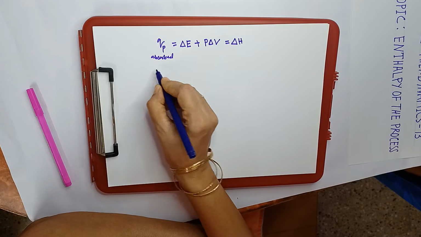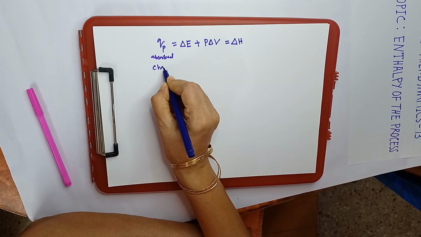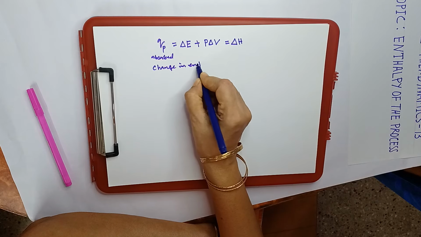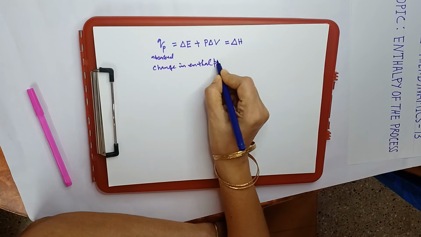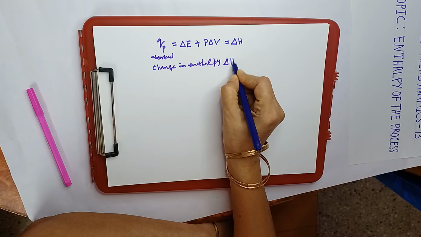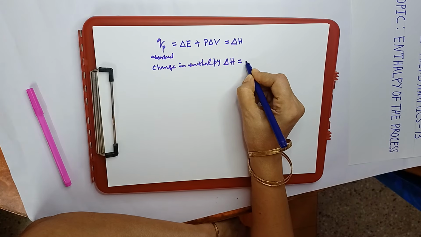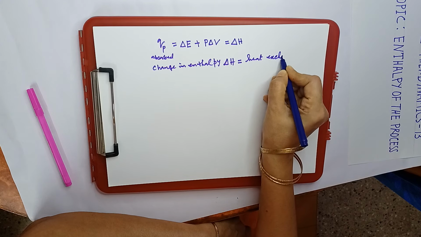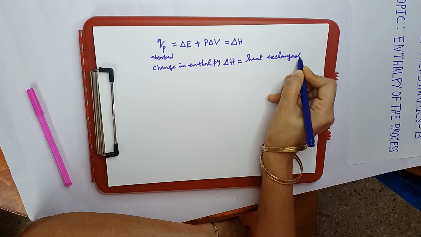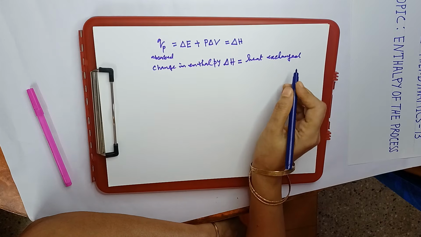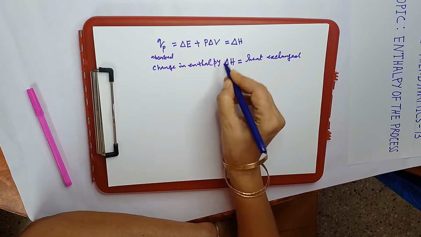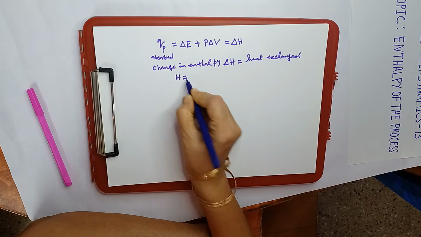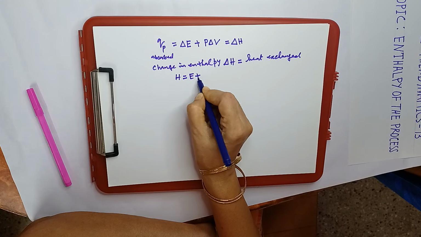So what we can conclude? We can conclude that change in enthalpy, that is delta H, is equal to heat exchanged. That means heat exchanged, meaning heat absorbed or heat released. And we know that enthalpy H is equal to E plus PV.